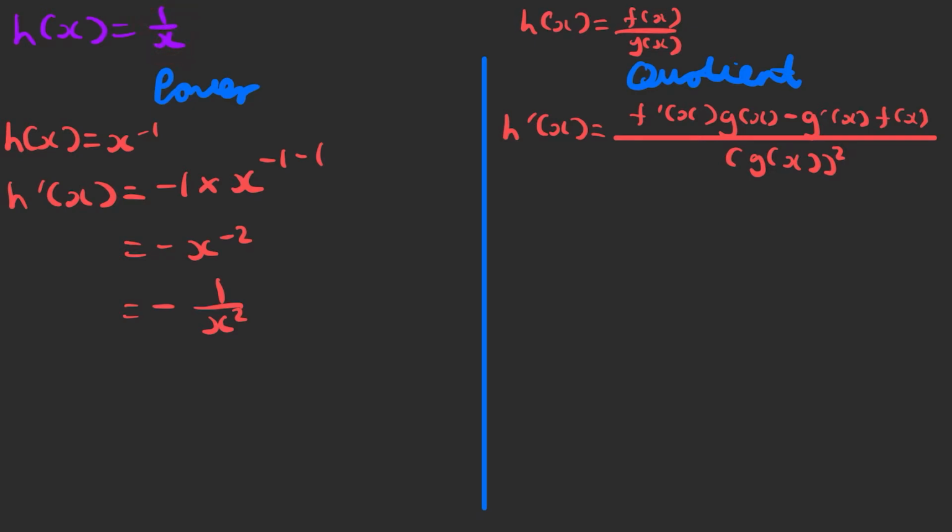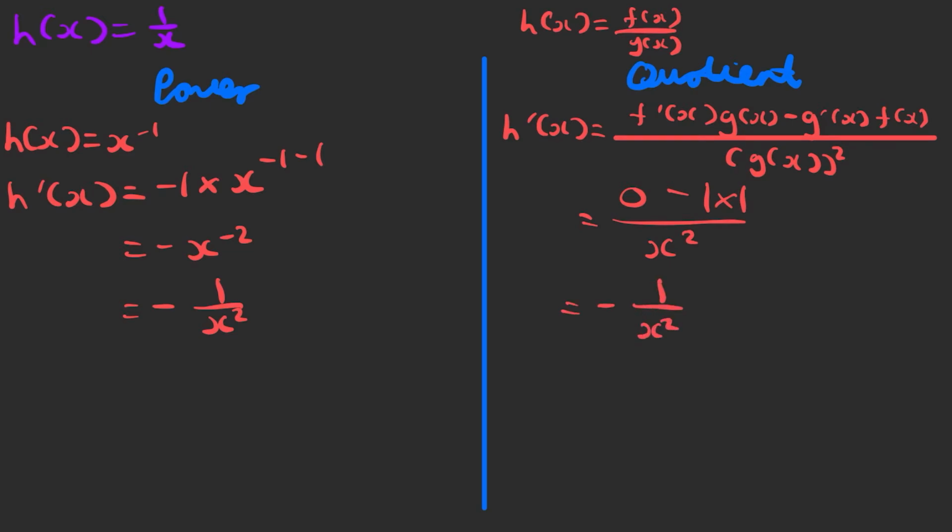So the derivative of 1 is equal to 0. So 0 minus g prime of x, which, since g of x is x, the derivative is 1. So 1 times f of x, and f of x is also 1. So that means we're simply taking away 1. This is divided by g of x all squared, and g of x is x, so the denominator is x squared, meaning h prime of x is minus 1 on x squared.